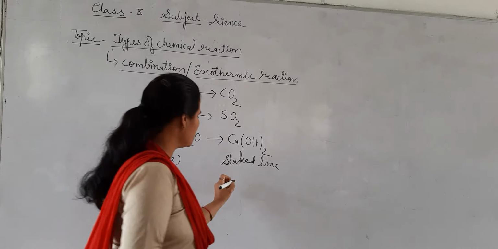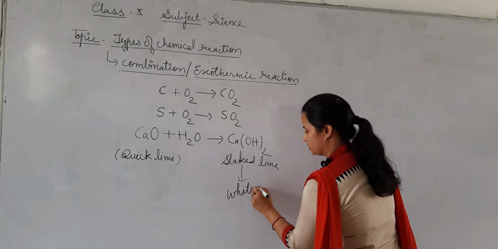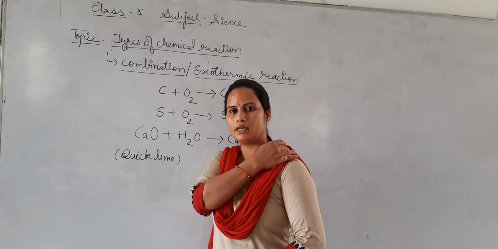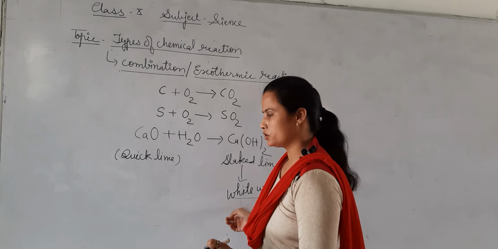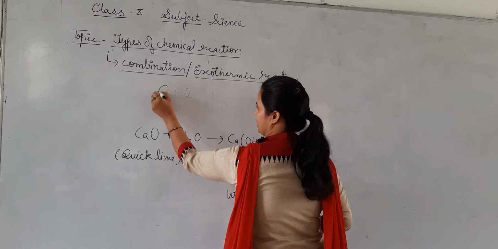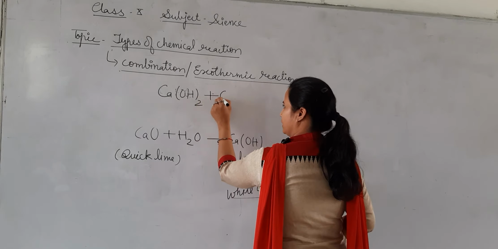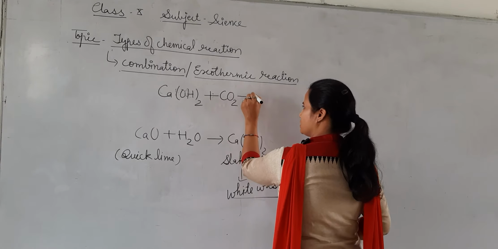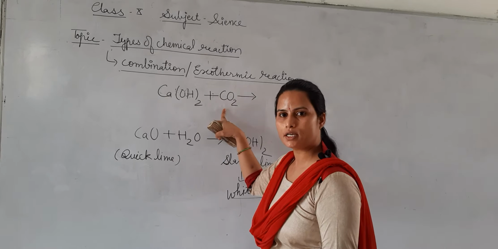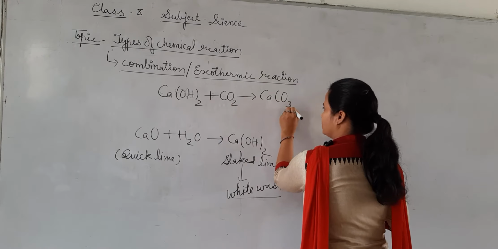And slaked lime is generally used as whitewash. Calcium hydroxide is used as whitewash. When this slaked lime, calcium hydroxide, Ca(OH)2, reacts with atmospheric CO2, it forms CaCO3, calcium carbonate.